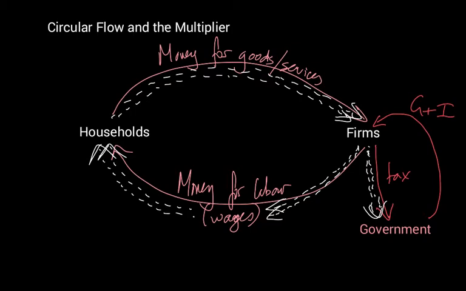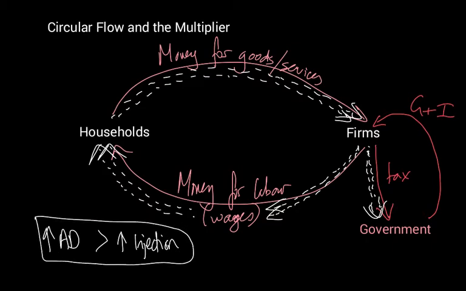That effect that we're talking about is called the multiplier. The important thing is it means that the increase in AD is greater than the increase in the injection which caused it. That's the important aspect of it.